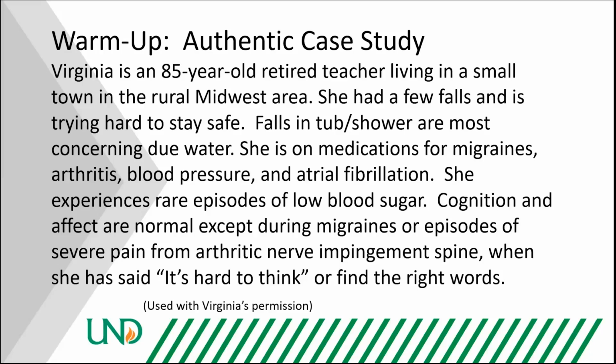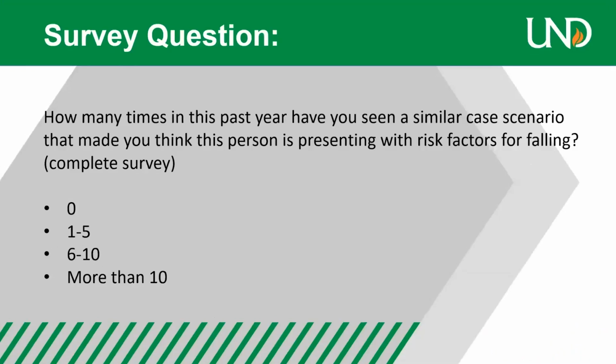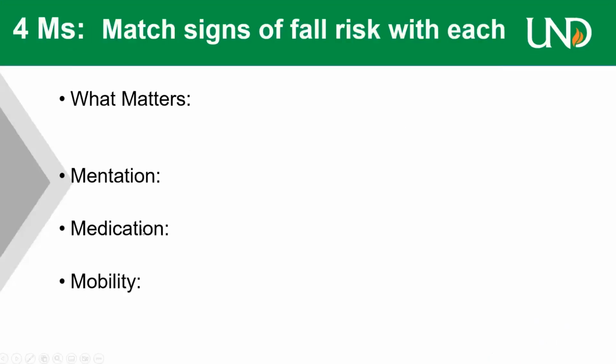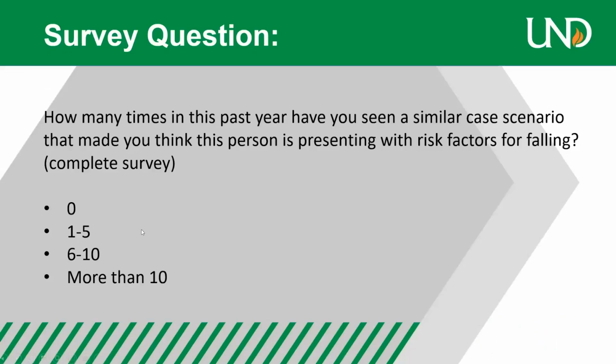So we're going to be using this information to connect to the 4 M's in just a few minutes. So how many of you in this past year have seen a similar case scenario that made you think this person is presenting for risk factors for falling? You can either push the reaction tag with your thumbs up or a yes.